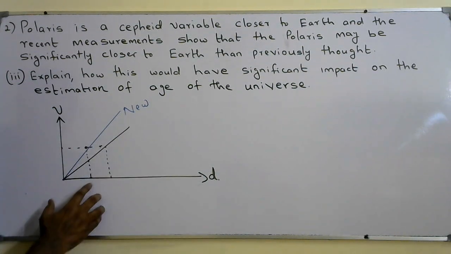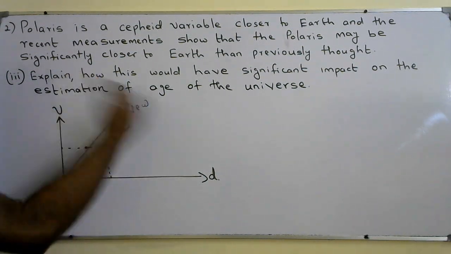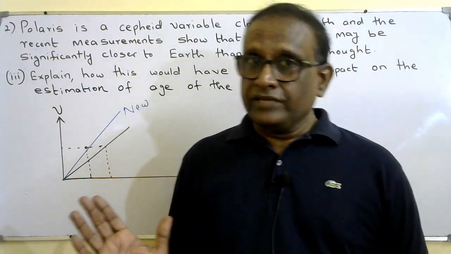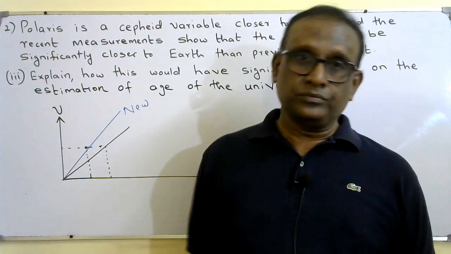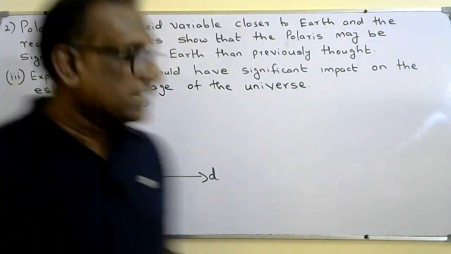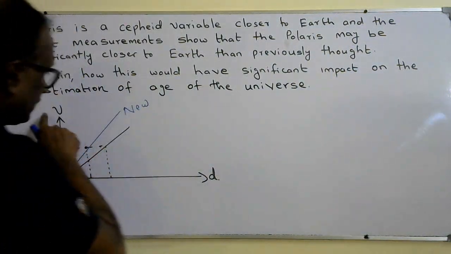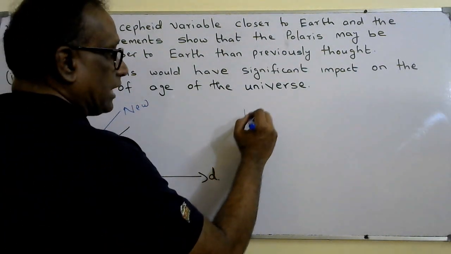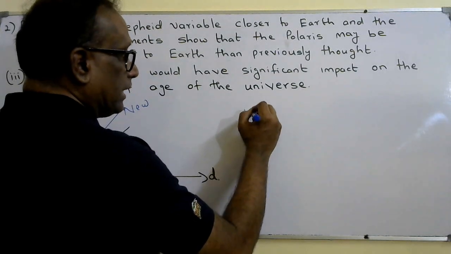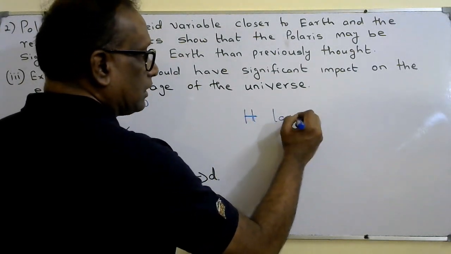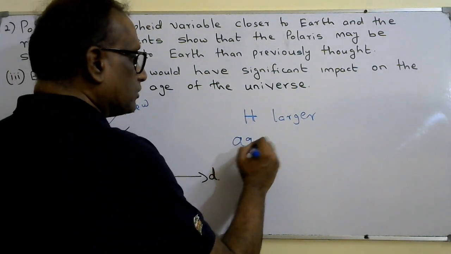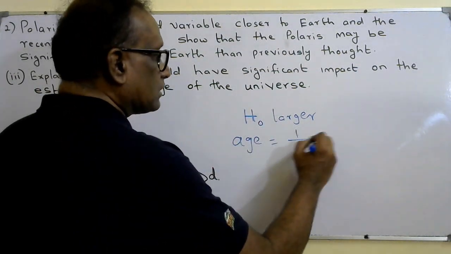So arbitrarily, if I take one galaxy, we know that's closer. The second galaxy also will be closer. So the gradient of the graph is going to move up. The gradient of the speed-distance graph is the Hubble constant. So the Hubble constant is going to be greater than what we thought. The age of the universe, we know, is 1 over H naught.